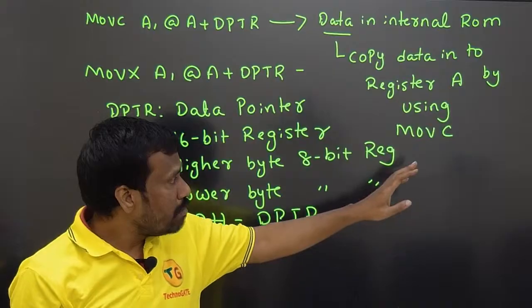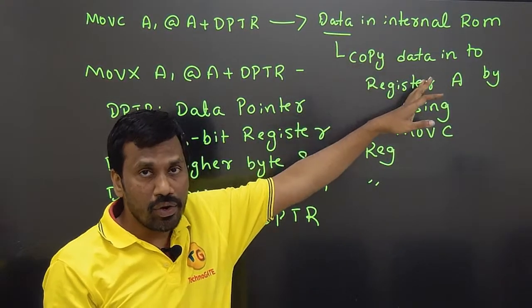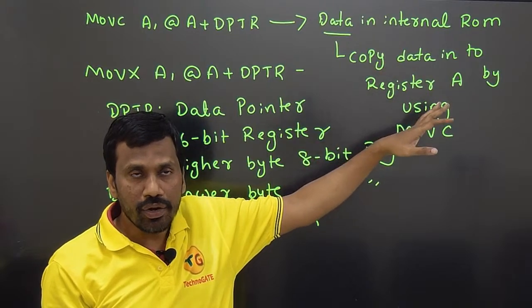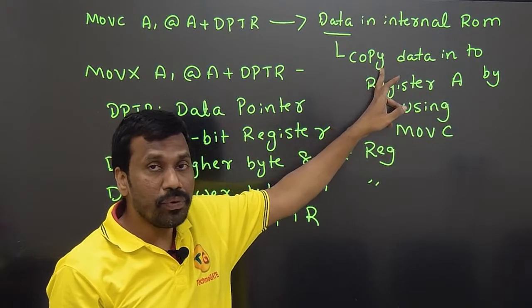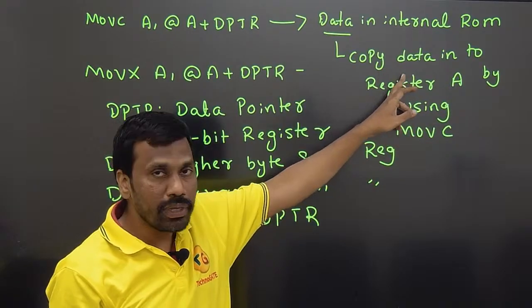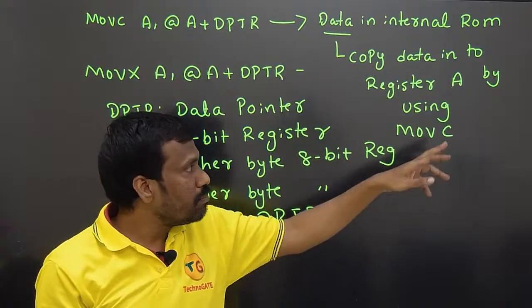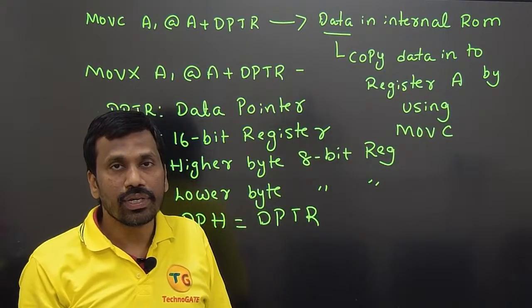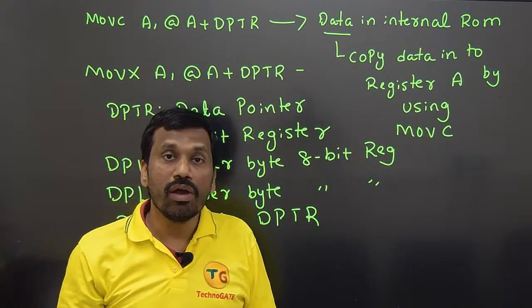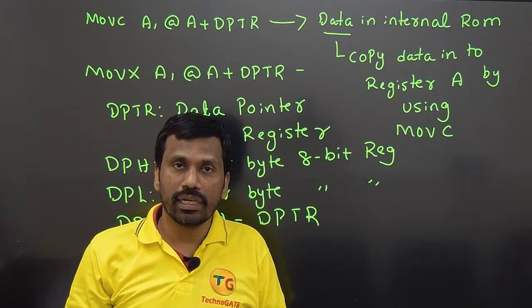Again I'm repeating this point. Data is there in the internal ROM, and I have to copy that data into register A. How will you do that? By using the MOVC instruction. Normally we know MOV, but here we are discussing MOVC and MOVX.